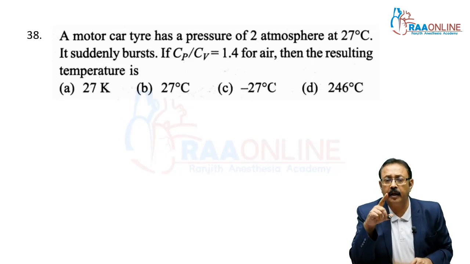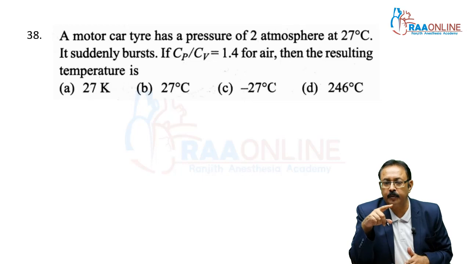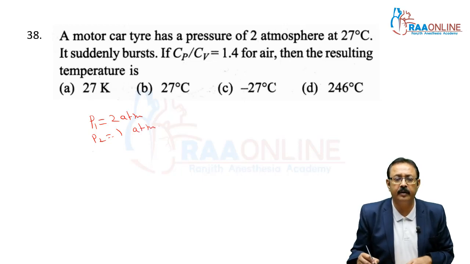A motor car tire has a pressure of 2 atmospheres. Suddenly it bursts. Suddenly burst means adiabatic process. Initial pressure was 2 atmosphere. Finally, it will become 1 atmospheric pressure. Initial temperature was 27, means 300 Kelvin.